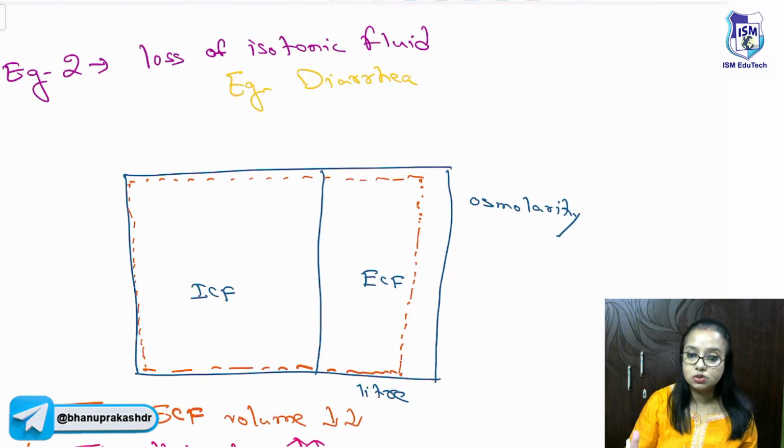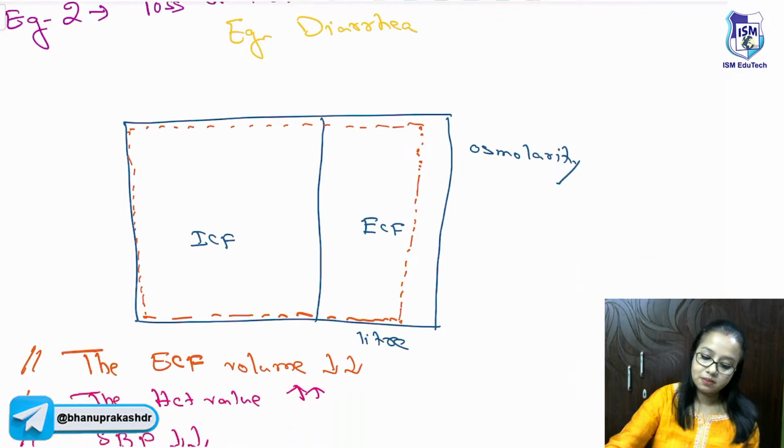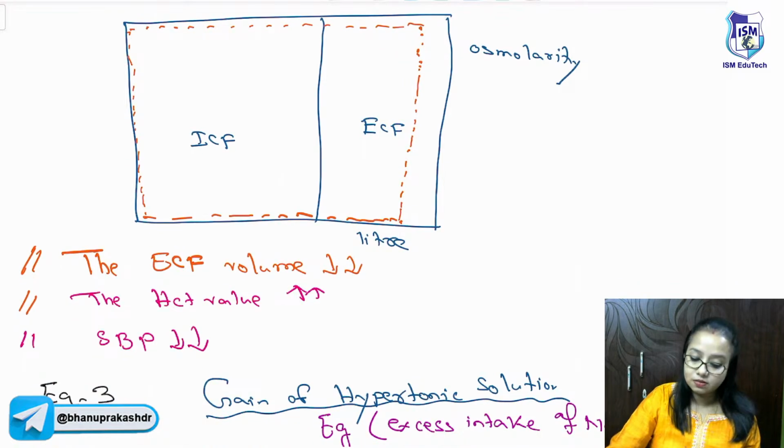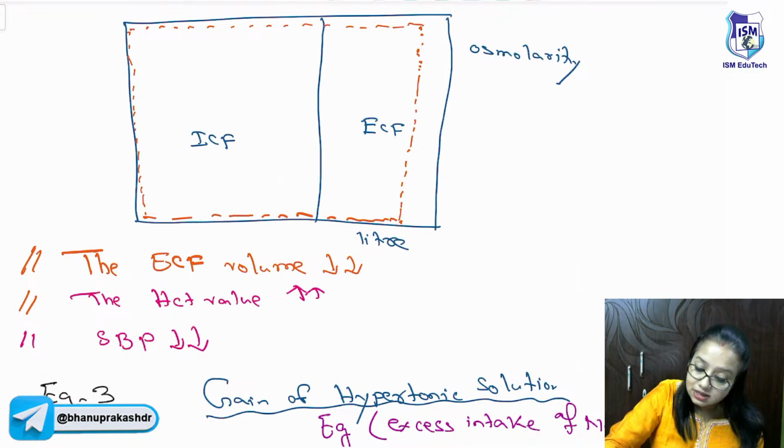Okay. Second scenario, loss of isotonic fluid, like when a person is suffering from diarrhea. That person is losing equal quantities of water and minerals, like sodium and chloride. So it is again loss of isotonic fluid. Look at the linear line, there is a decrease in the volume in the ECF.